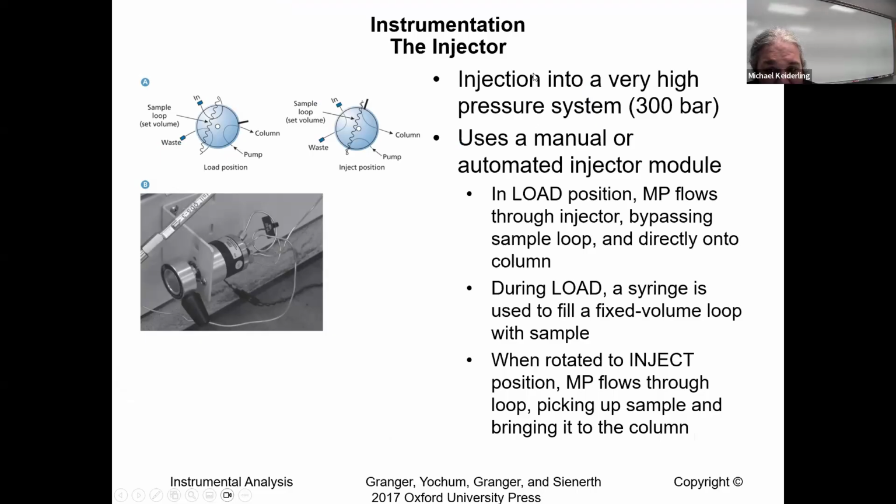Because you're injecting into a very high pressure system, something like 300 atmospheres, it uses a manual or automated injector valve. So in the load position, the mobile phase flows through the injector, bypassing the sample loop and directly into the column. During load, a syringe is used to fill a fixed volume loop with the sample. And when rotated to the inject position, the mobile phase flows through the loop, picking up the sample and bringing it onto the column.